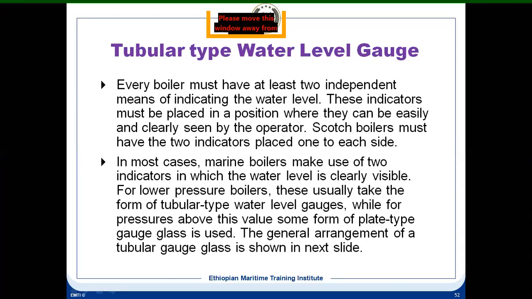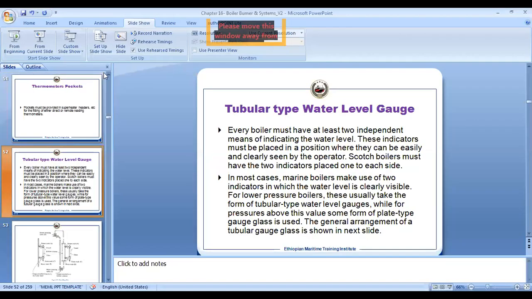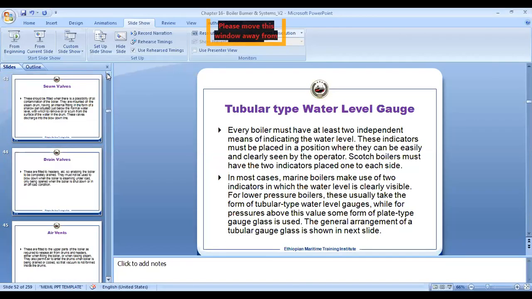Scotch boilers must have two indicators placed on each side. So basically some of your smoke tube boilers, which are drum type, on each flat side of the drum, because some of your smoke tube boilers are basically like a horizontal boiler, something like what we saw earlier in the diagram.